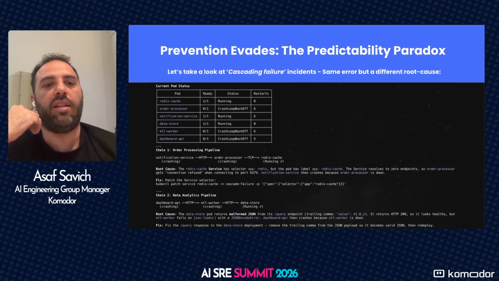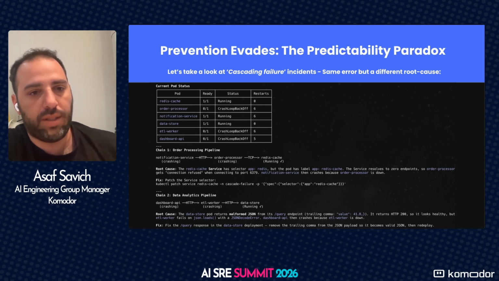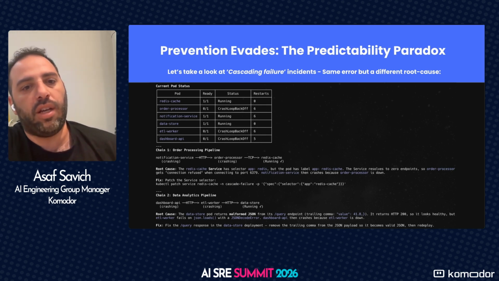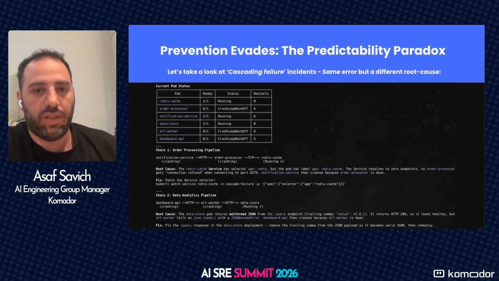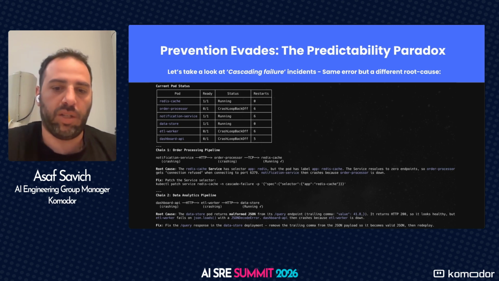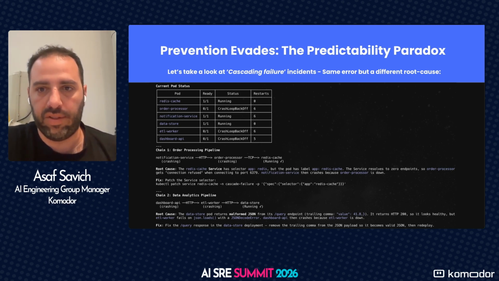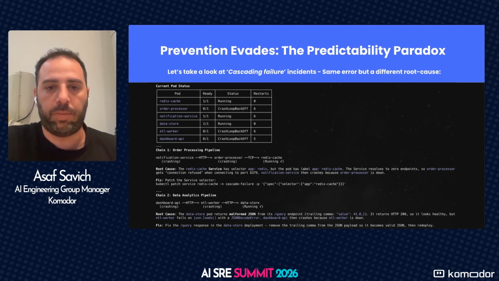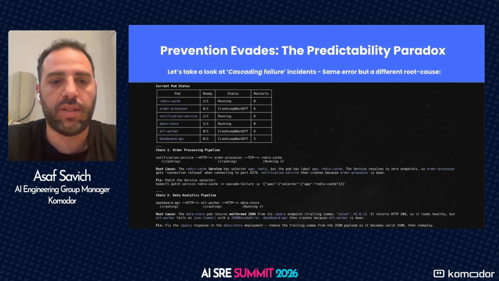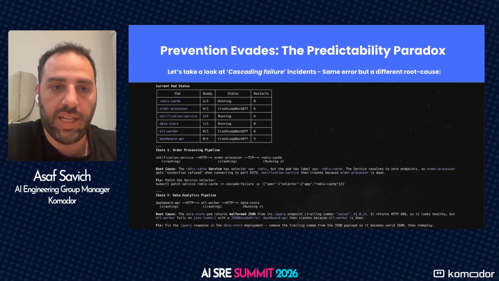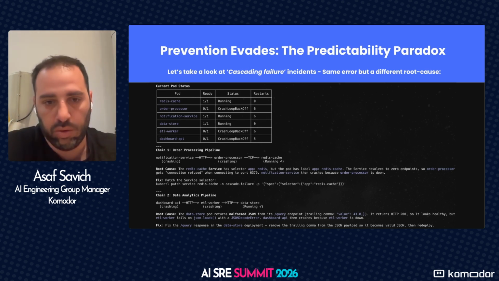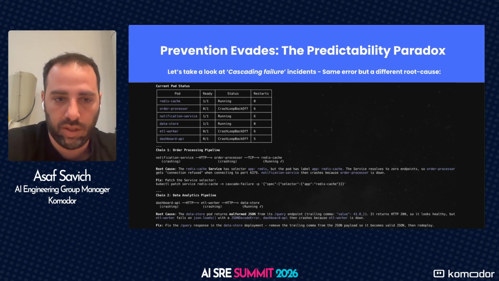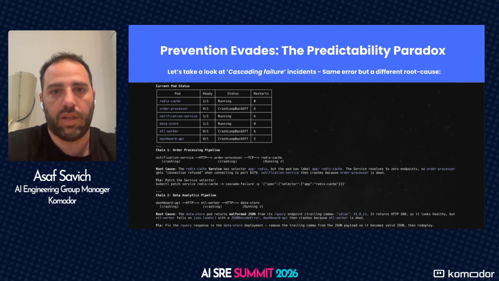So same issues, right? One service failing, crashing, relies on another service. That's the reason for its crash. The second service is also crashing due to some issue with the third service that actually runs. So from that perspective, both issues look the same in hindsight. But when we dive a bit deeper, not too much deeper, we understand the root cause is very different, and the resolution is not only different, you fix it in different ways.